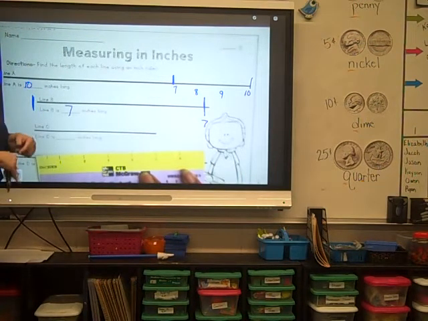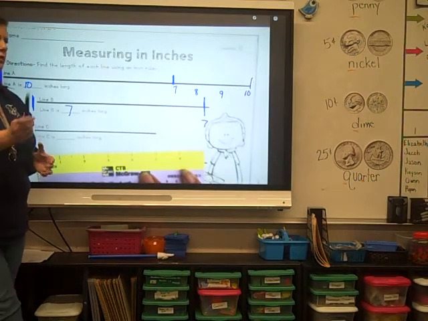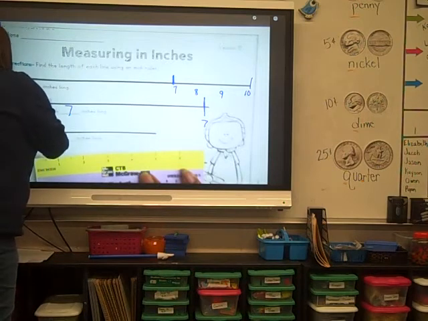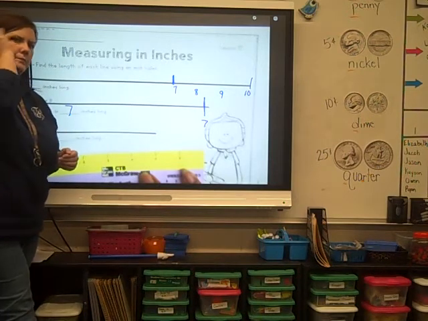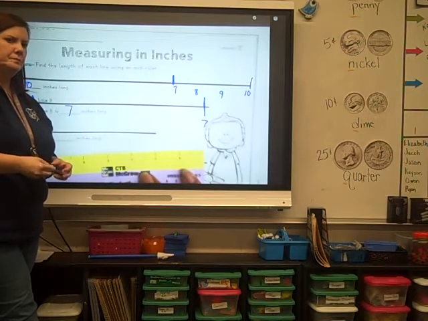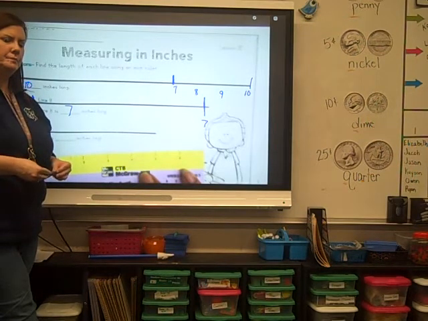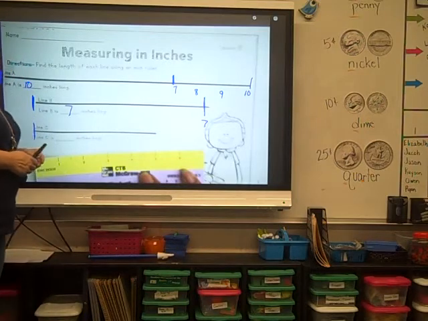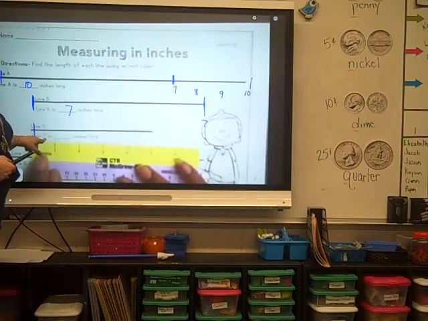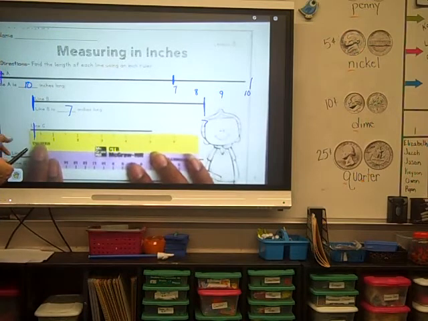Okay, you try C. I'm going to give you a second. You try C. Line up your ruler and measure C. Line it up right there on that edge. Okay, we're going to line it up. And look how long it is.